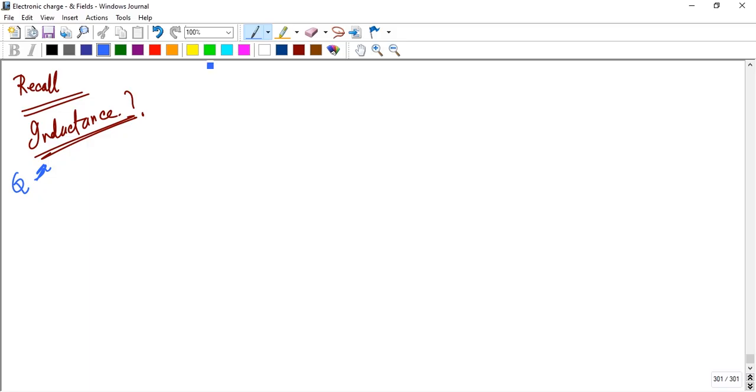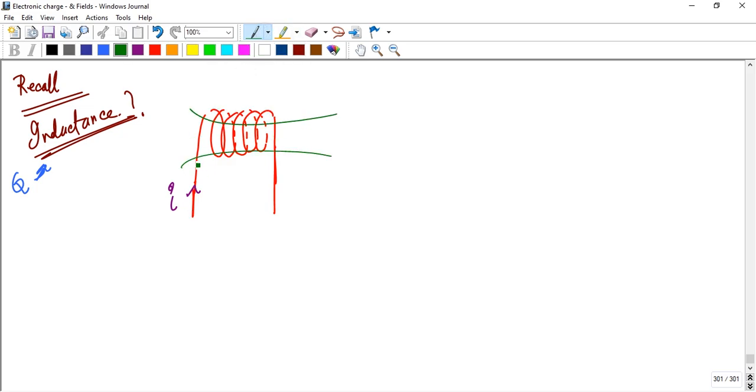Suppose there is a coil, and current I passing through that coil, and a magnetic field is produced. Okay, magnetic field inside the coil.